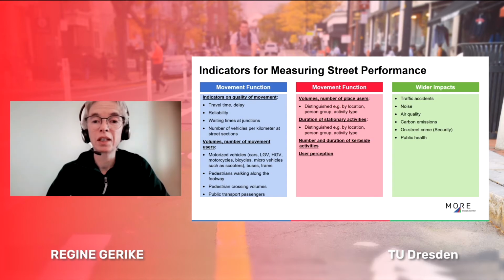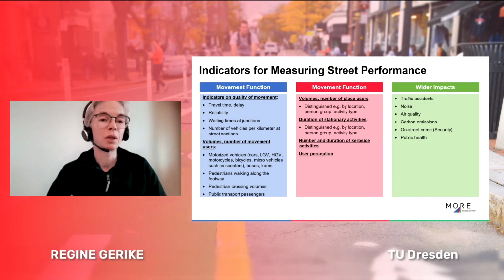Moving vehicles, pedestrians, goods, persons safely and comfortably. And for the place function, the target is really contrary. So we want to see many people staying in the street for long periods of time and doing quite ambitious place activities, such as talking to each other, which is only possible when the noise is low enough.